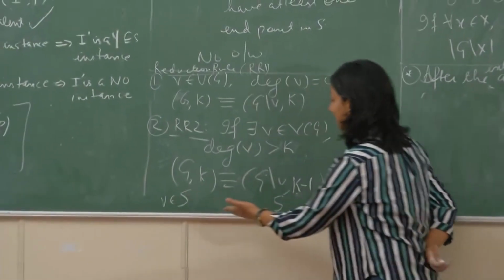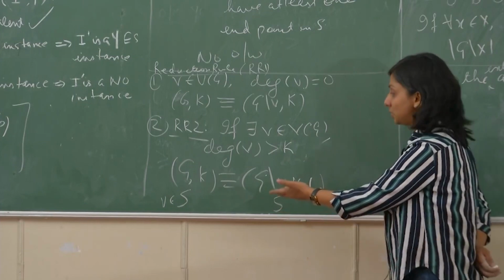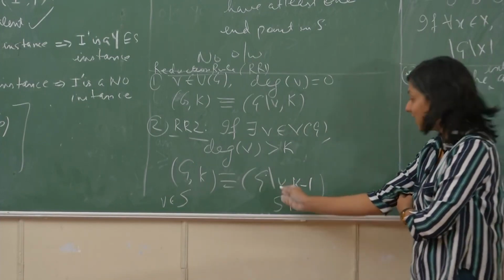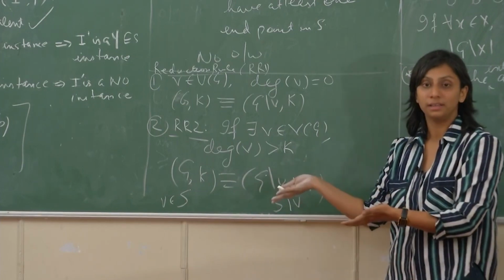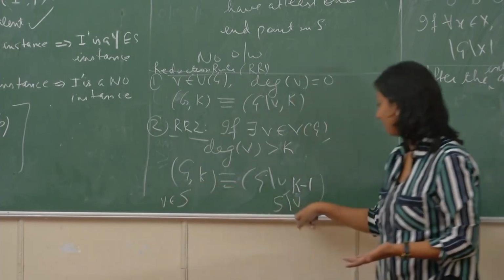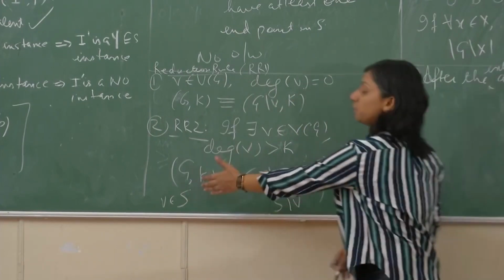So V is present here, and in this graph I have deleted V anyway. So S minus V is a vertex cover in this graph, right? Because V has anyway been deleted already. So if this had size K, this definitely has size K minus 1, and this is a vertex cover here. So this proves the forward direction.